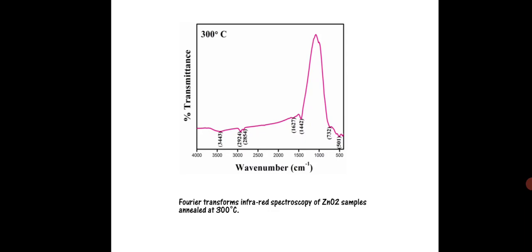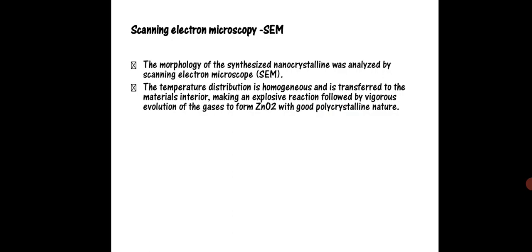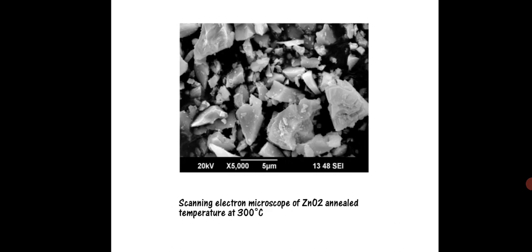The next study is the scanning electron microscope, SEM. The morphology of the synthesized nanocrystalline material was analyzed by the scanning electron microscope. The SEM finds out the morphology of crystals. These structures explain the SEM analysis.